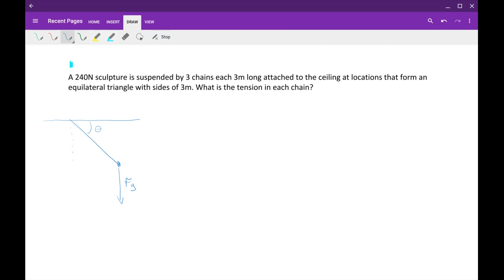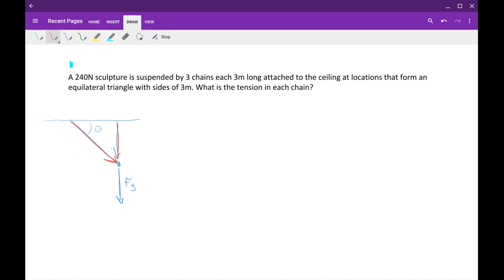And so what you would do is this force of gravity would be equal to the tension that's pulling down on the sculpture. I'm drawing a lot of vectors here. This is the force of tension.